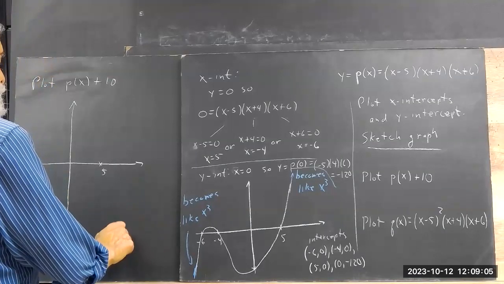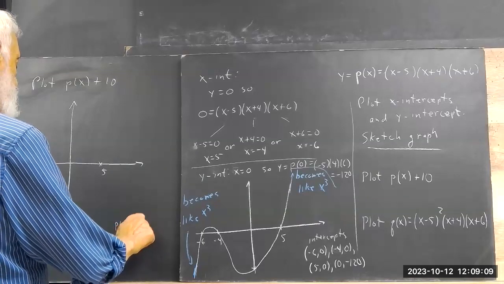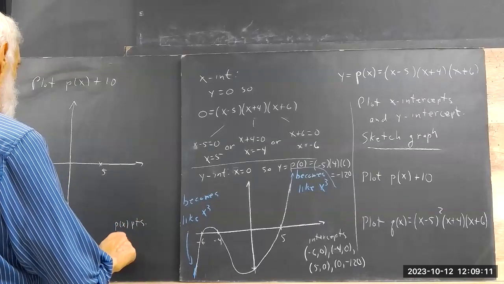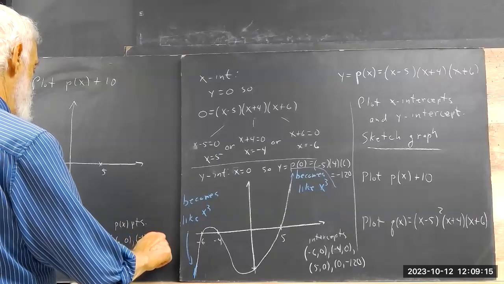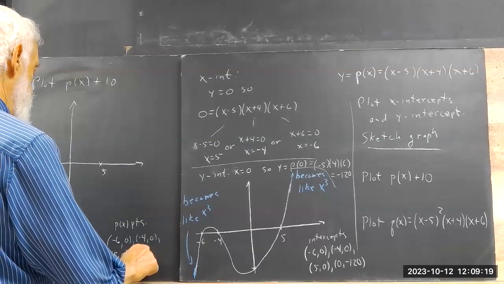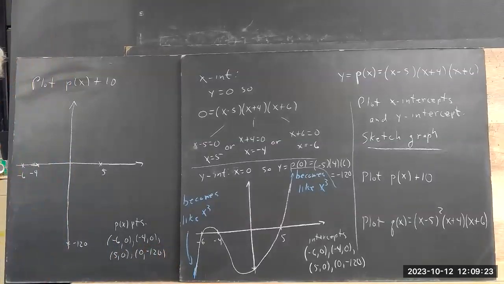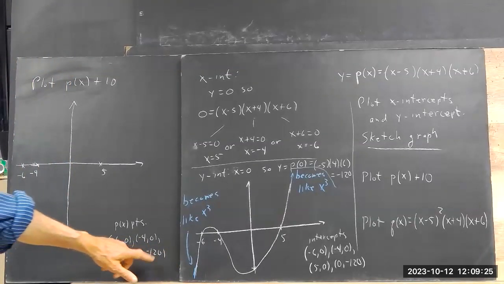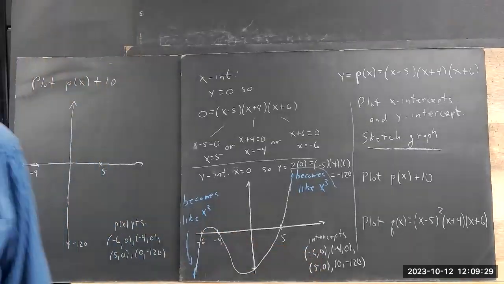Okay, so again, we have the points: negative 60, negative 40, 500, negative 120, same as we have here.